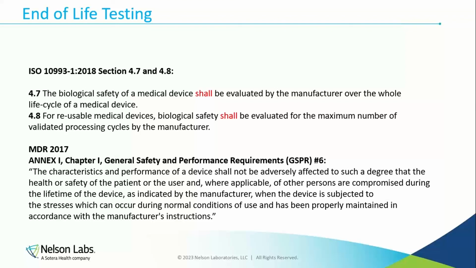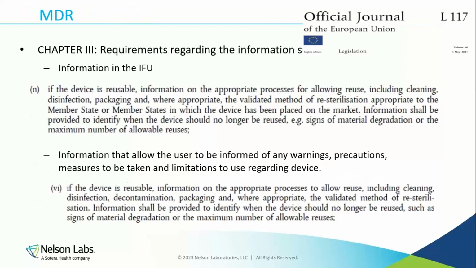So you want to take a look at that and see how you will be addressing this in a design history file. This is the MDR. MDR doesn't specify either, but it says information shall be provided to identify when the device should no longer be used, such as signs of material degradation, or this is where you can get away with testing, or the maximum number of allowable uses.